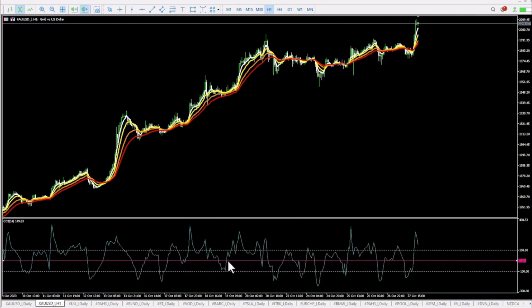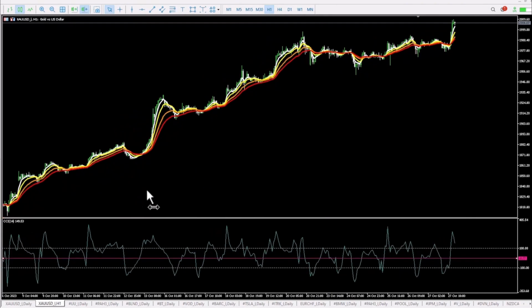We draw a line to indicate when a cross occurs. So how does the process work? When a bullish sequence is created for us, when the CCI moves from below to above the 0 line, meaning it crosses the pink line upwards, this is approximately considered a buy signal for us.